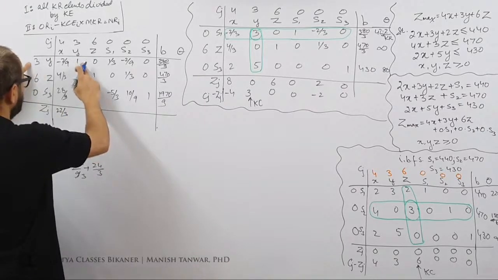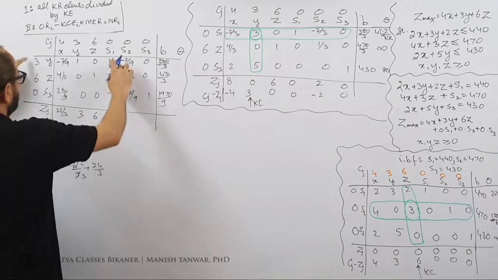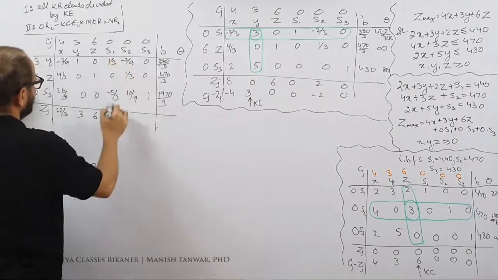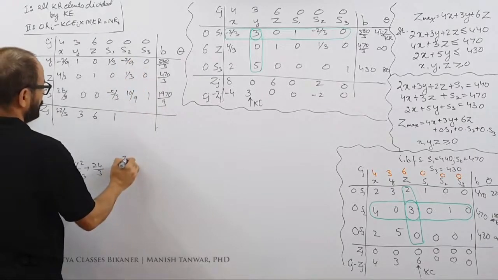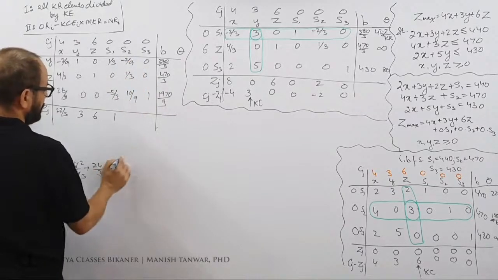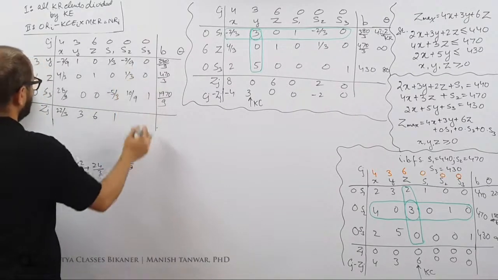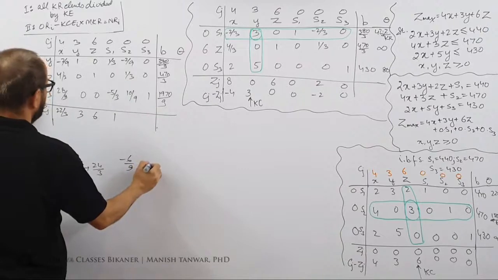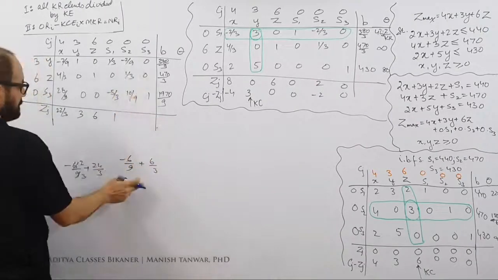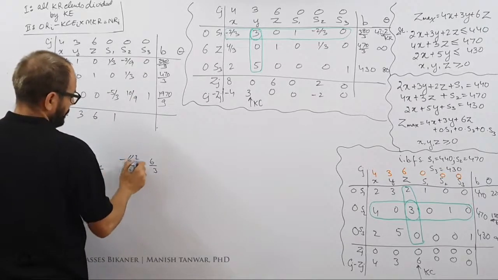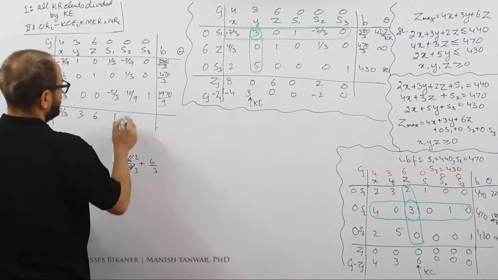This will be 3. This will be 6. Then we'll have a 1 plus 0, that is 1. And there will be 3 into 2, making it minus 6 by 9. This will become 6 by 3, minus 6 by 9, 6 by 3. Let me make it 2 by 3. So we have a minus 2 and 4, 4 by 3.